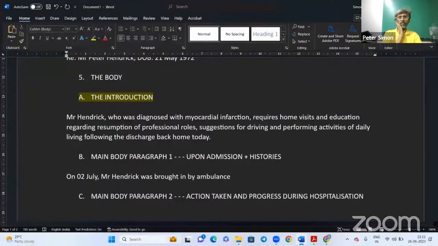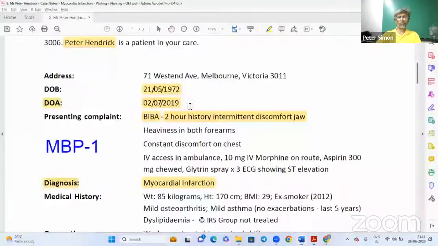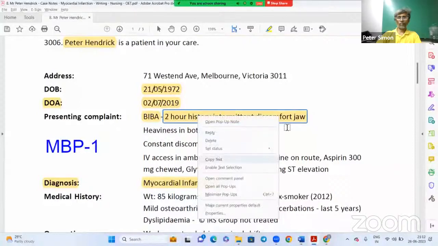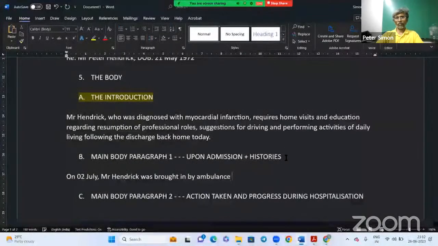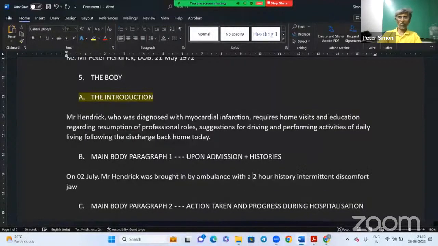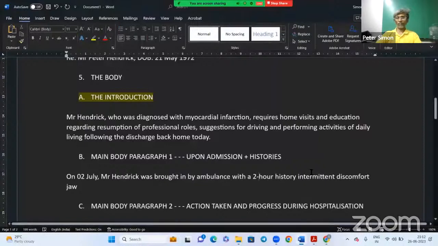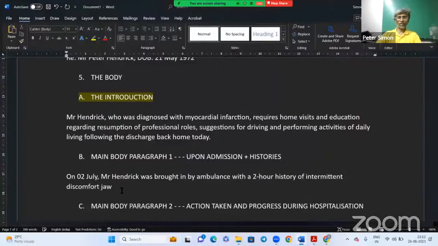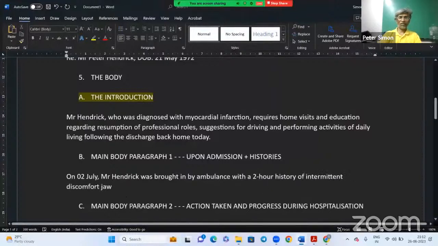On 2nd July, Mr. Hendrick was brought in by ambulance with a 2-hour history of intermittent discomfort in the jaw.